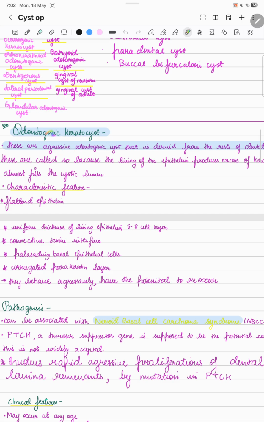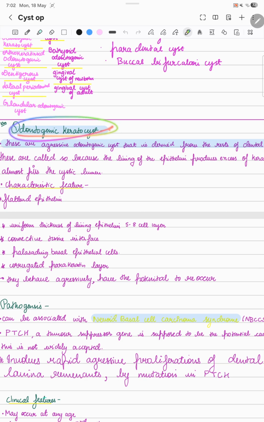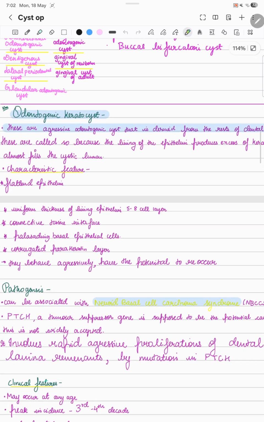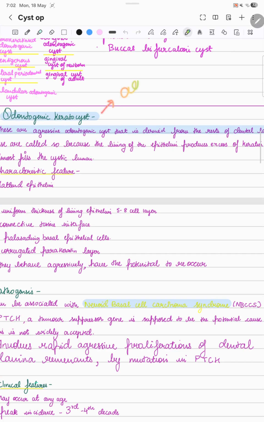Whenever you hear the word keratocyst, the kerato in this word stands for keratinized cyst. It is one thing you also have to remember, that this is a very aggressive type of cyst.